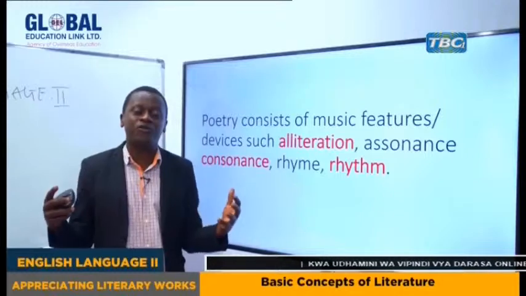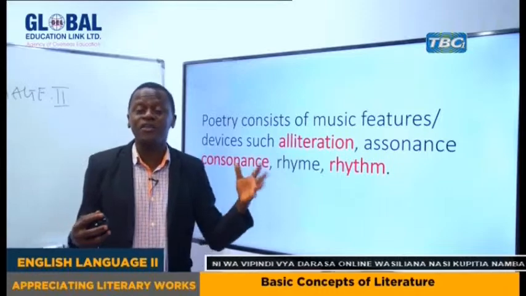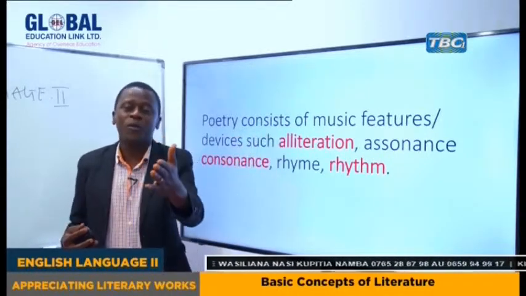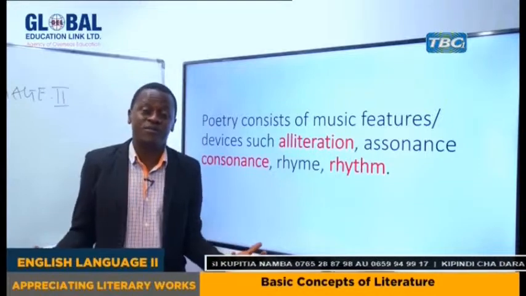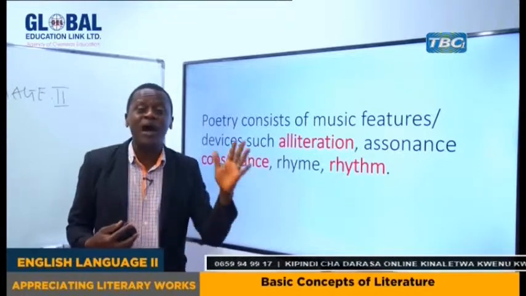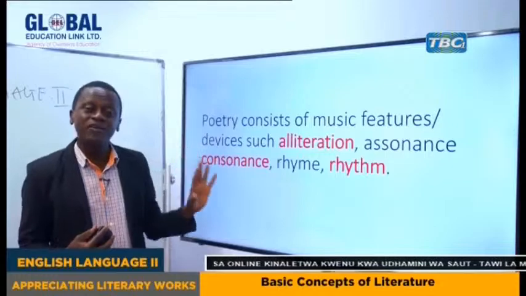Remember again, poetry or poems are meant to be sung, unlike other literary works, which are meant to be read, like a novel, a play, of which we read. But poetry is sung. A drama is acted, etc. So with this one, it's meant to be sung.